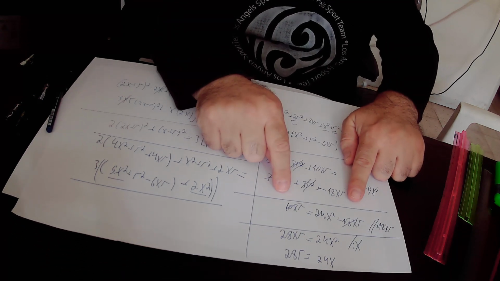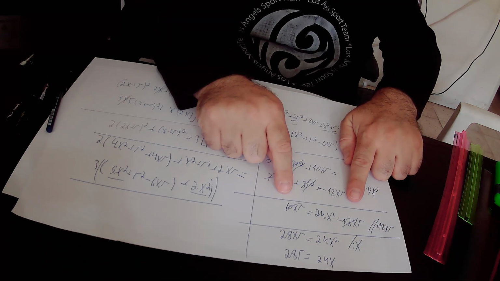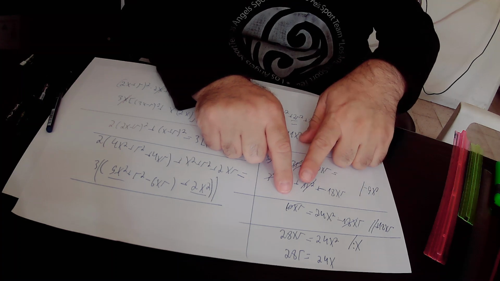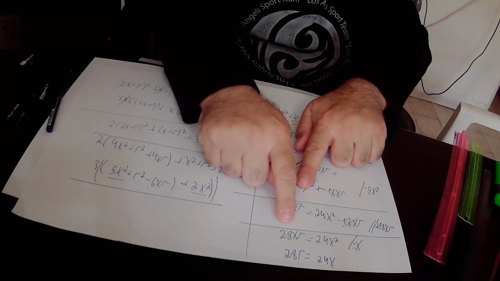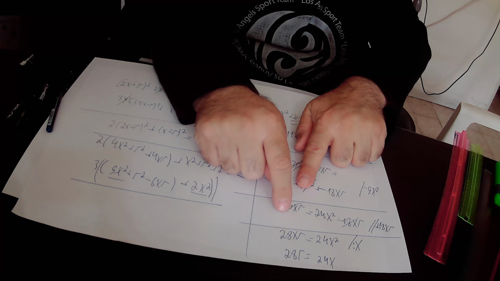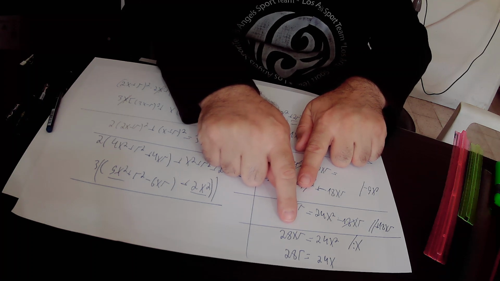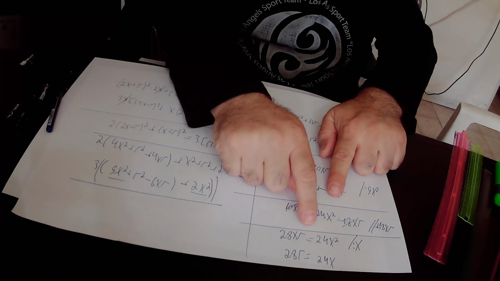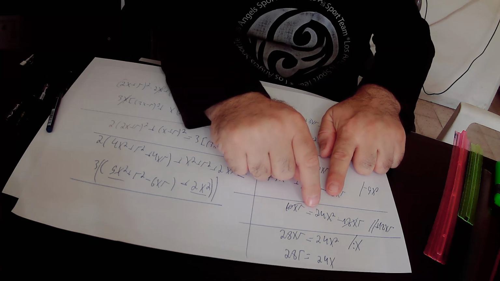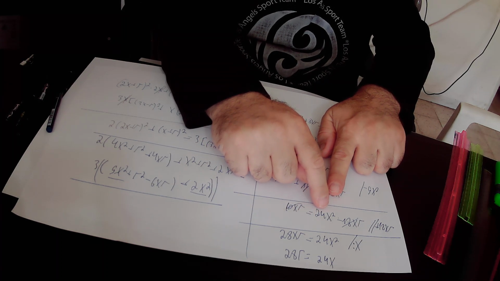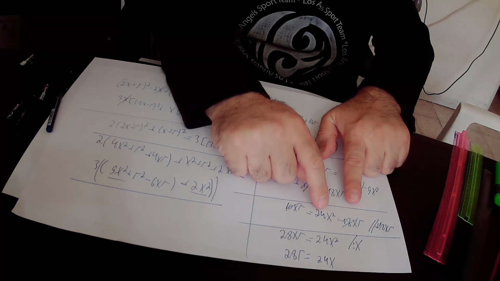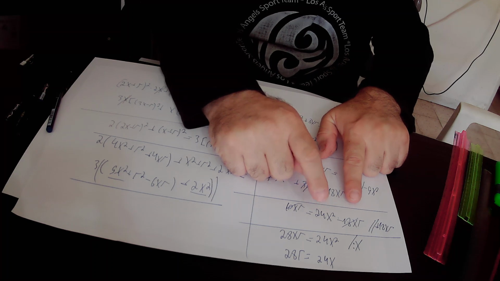So here we added 18xr to this equation. So 10xr plus 18xr is 28xr. So in this side of the equation we have 28xr. In the other side of the equation we have 24x², and minus 18xr plus 18xr is 0.